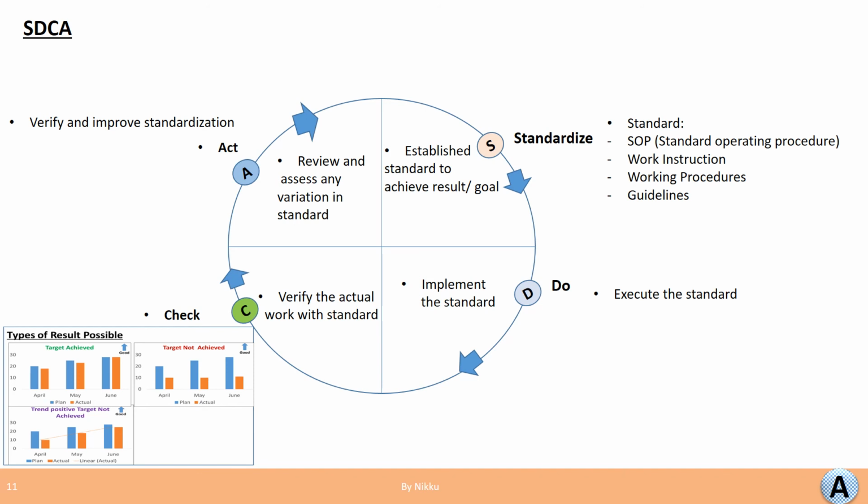Means in the check phase we are verifying the desired result. What is the output of following that standard? Then in the act phase, based on the result, we are verifying and improving this standardization and continuing this SDCA cycle.